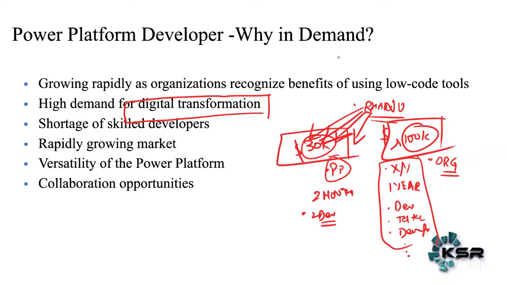There are very few such people in the market, so that's why it is in demand. And it is a rapidly growing market. This low-code, no-code market itself is rapidly growing, guys. You can check by what percent this market is growing year on year. It will be more than 20 percent, guys. 20 plus percent.